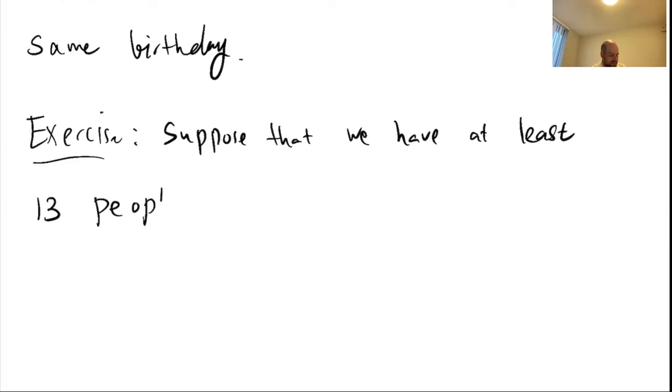This time the boxes are months, January, February, all the way to December. So we have 12 boxes. Now, if I have 13 people, then at least one month will contain the names of at least two people.